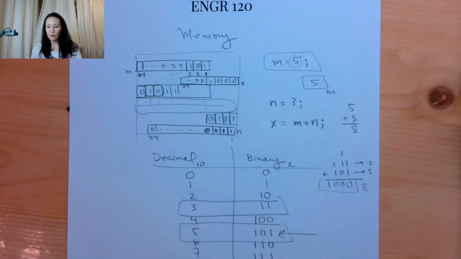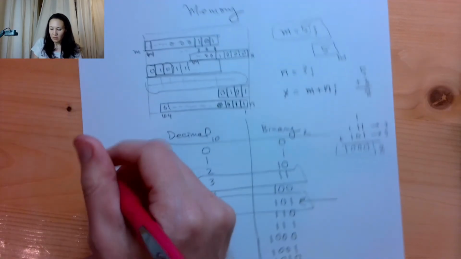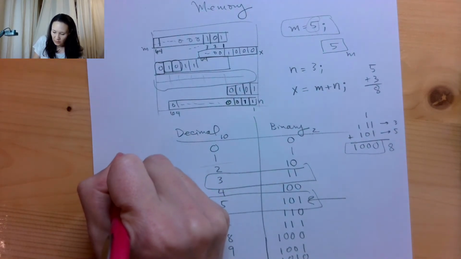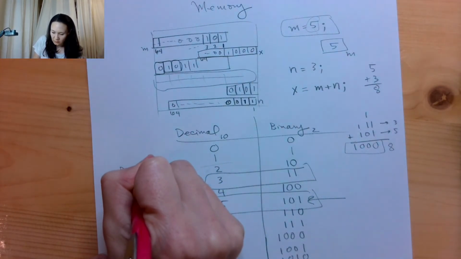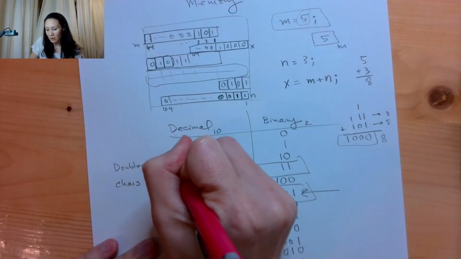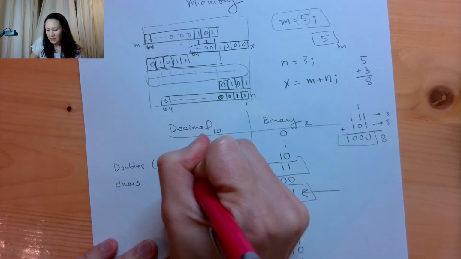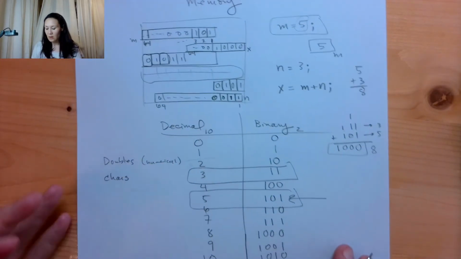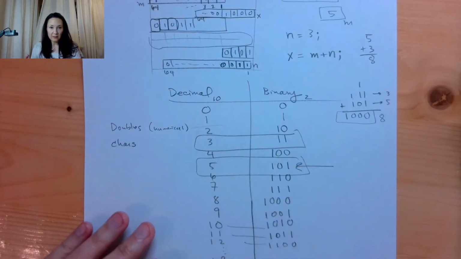So the two most common variables in MATLAB are doubles and what's called chars. Okay, so a double is going to be a numerical value, and this can be anything positive or negative, floating point, or really, really big.